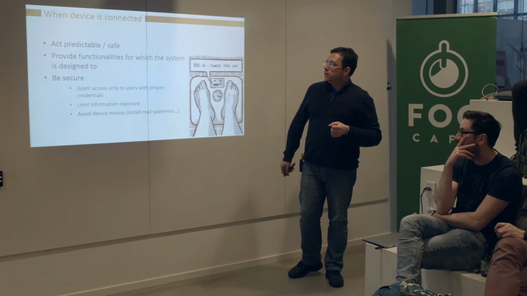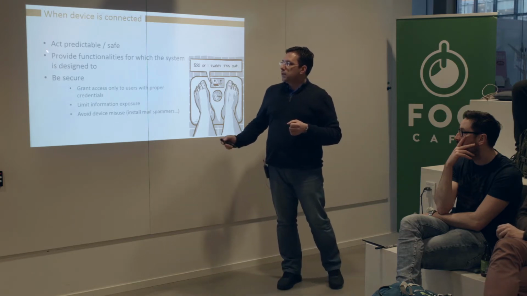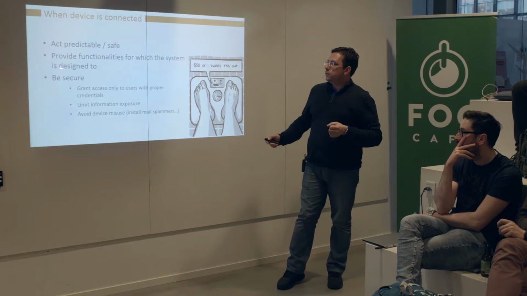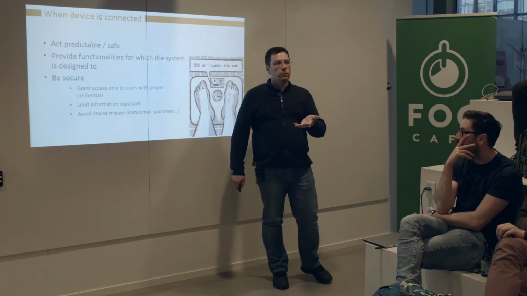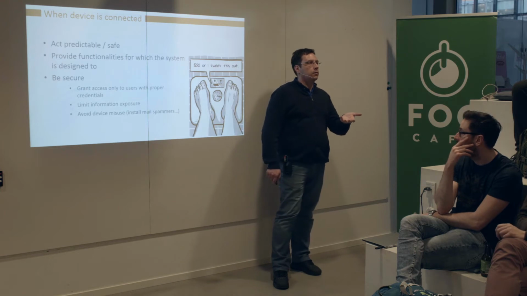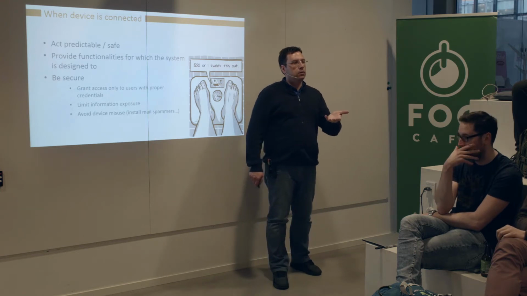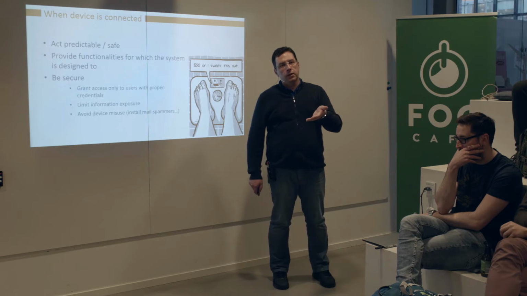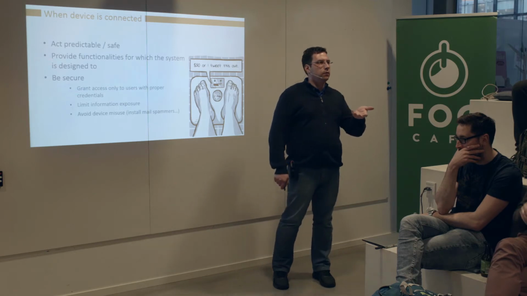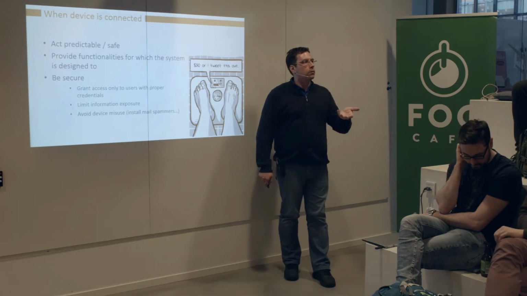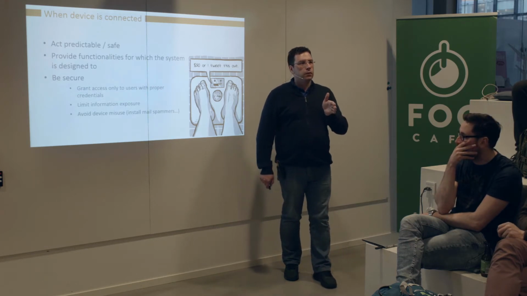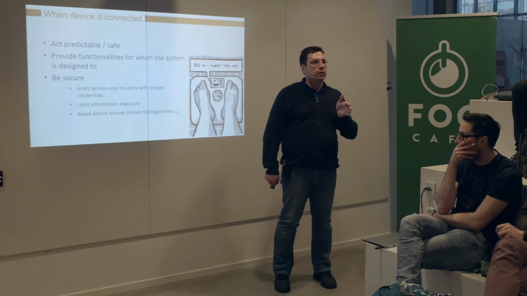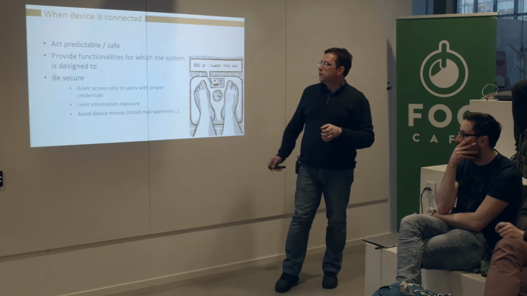We also have to expect that the devices provide only the functionalities for which the system is designed, meaning that if it is a light, it has to act as a light only, and not radiate some RF energy or do some stupid things because it is malfunctioning. So primarily it has to work for the things for which the system is designed and be predictable and safe.